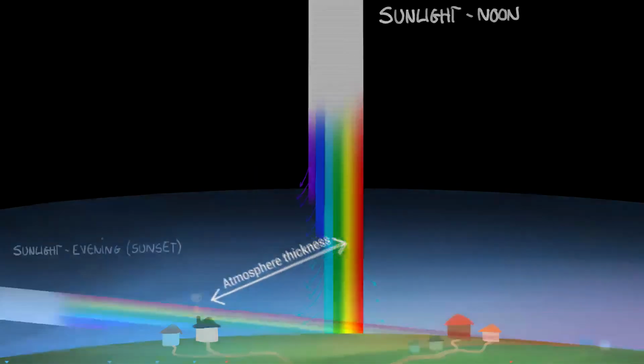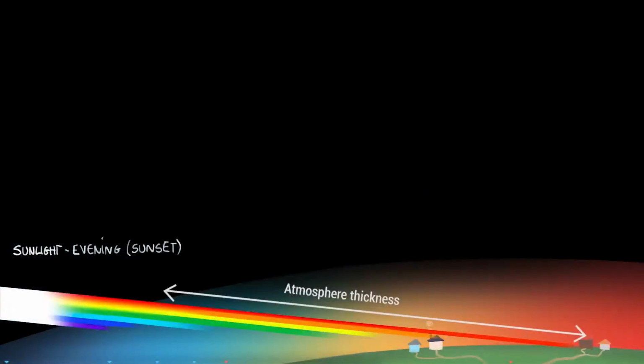You can equate that to a sunset, where the angle of the sun means that it has to go through a much thicker atmosphere to reach our eye, as opposed to noon, for example, where it's shining straight down through a thinner atmosphere.